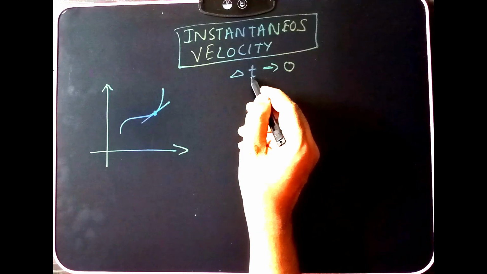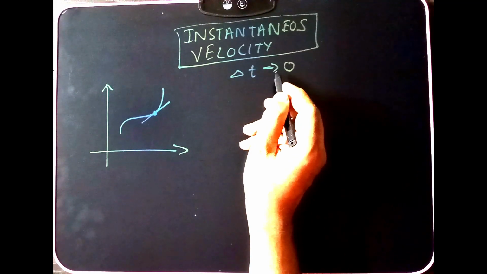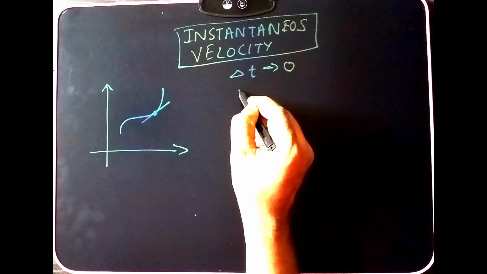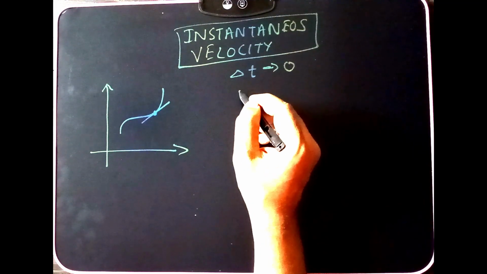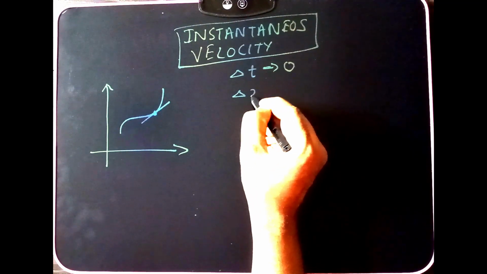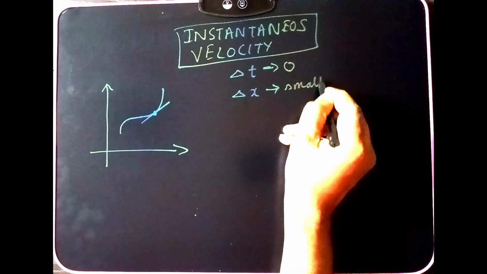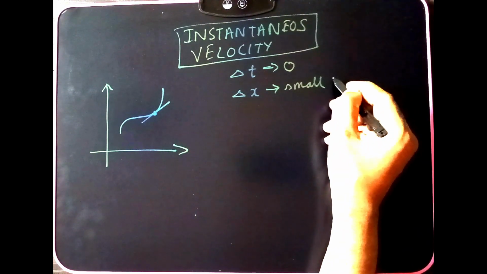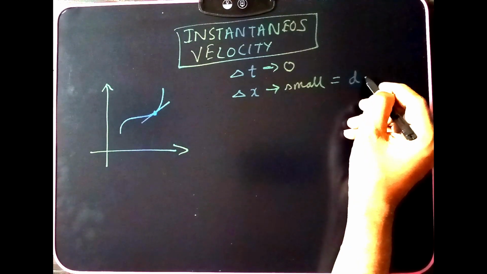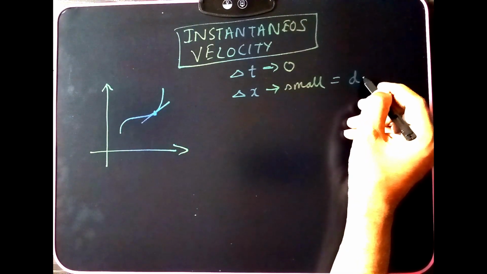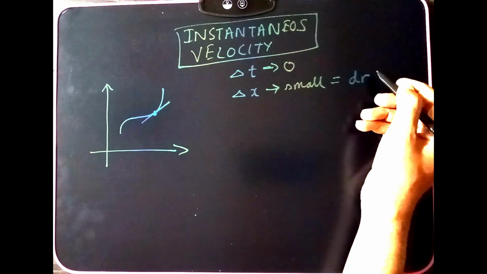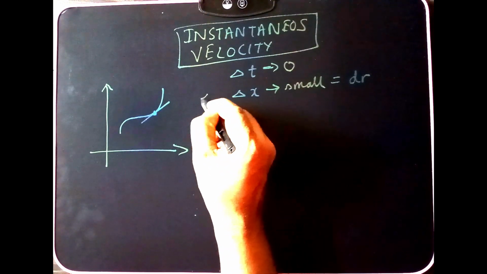So for this shrunk time period, we know the change in displacement delta x will also be small. So we can say that delta x is represented by delta r.